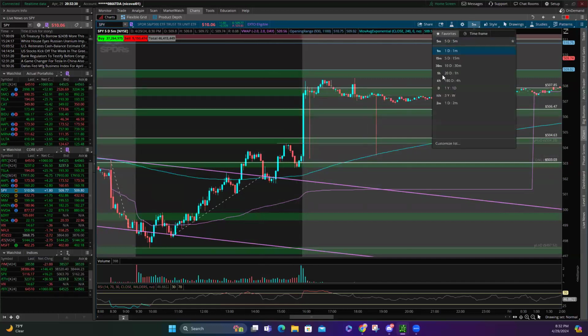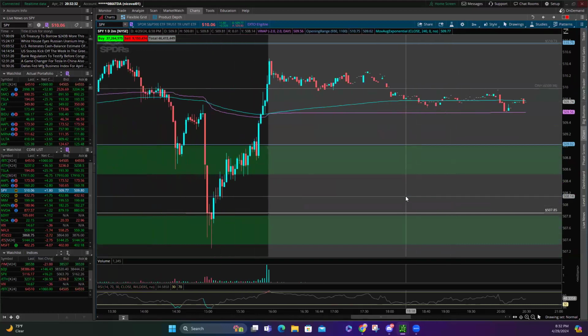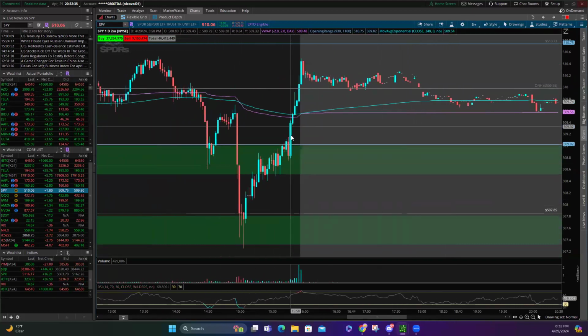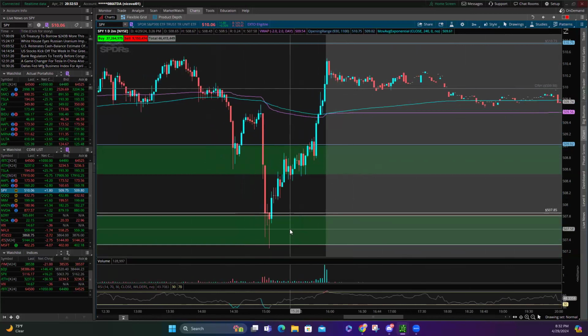If I go to the 2 minutes and see what happened afterwards, I grabbed SPY here and ended up selling it somewhere around this area, and it went higher, but this was money here on SPX. Just by using our VWAP, we have a great sample.